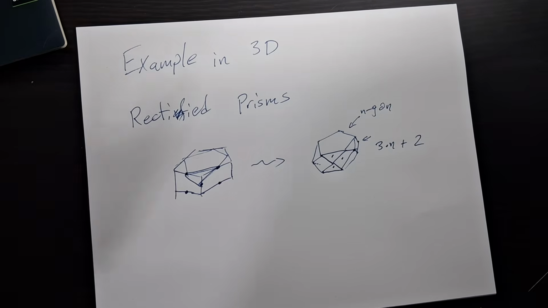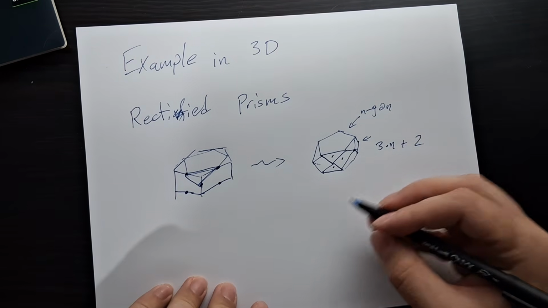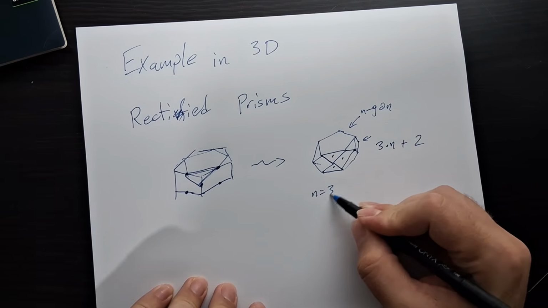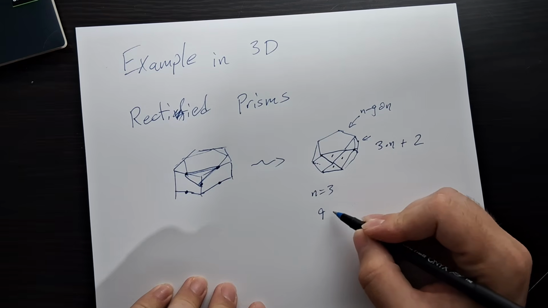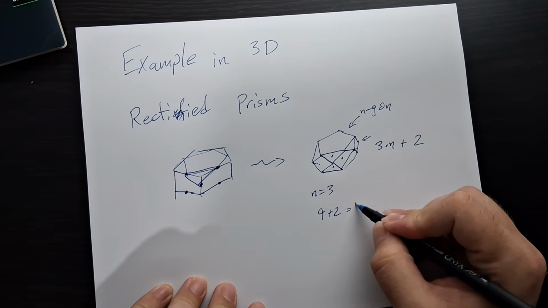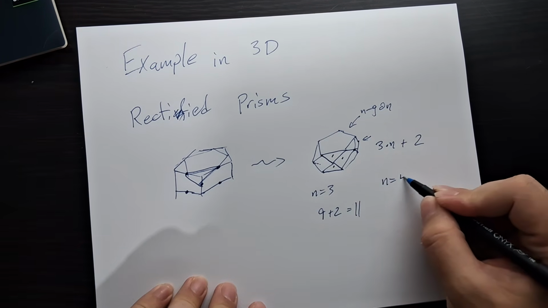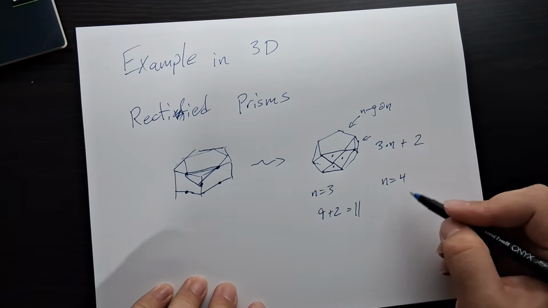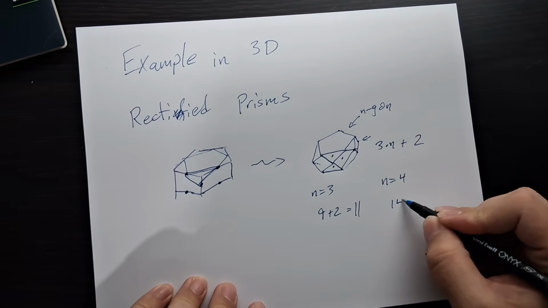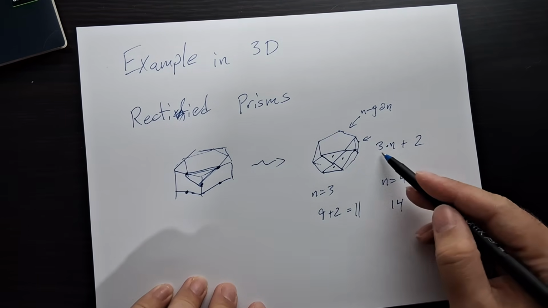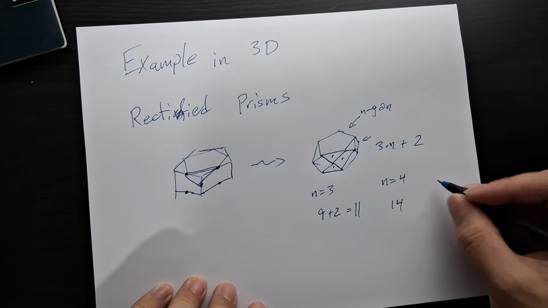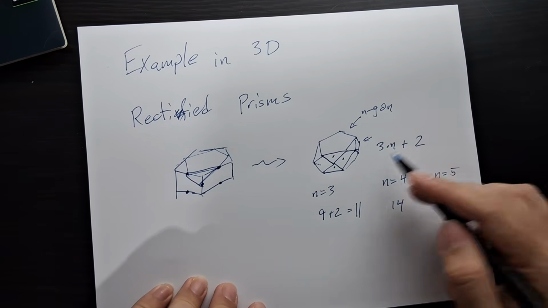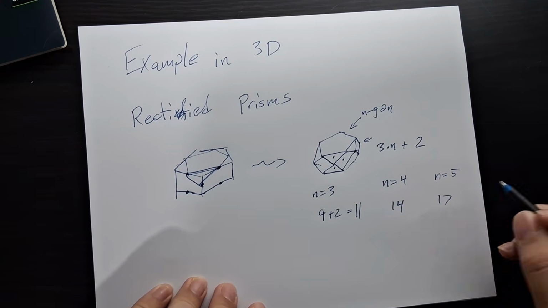So this is actually kind of cool already. 3 times n, if we have n equals 3, we have 9 plus 2, so 11. N equals 4, what do we have? 14. Yeah. 12 plus 2, 14. Okay, n equals 5, we would have 17 sides.